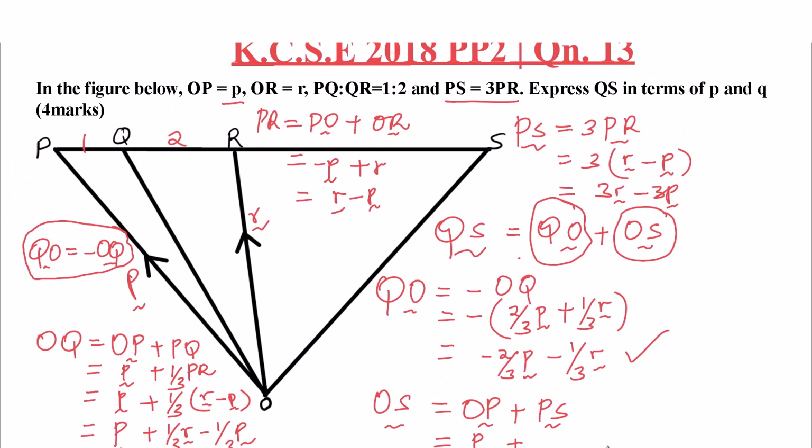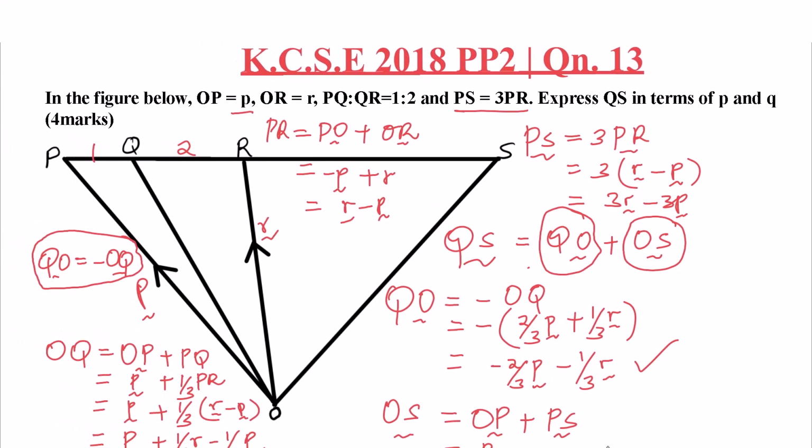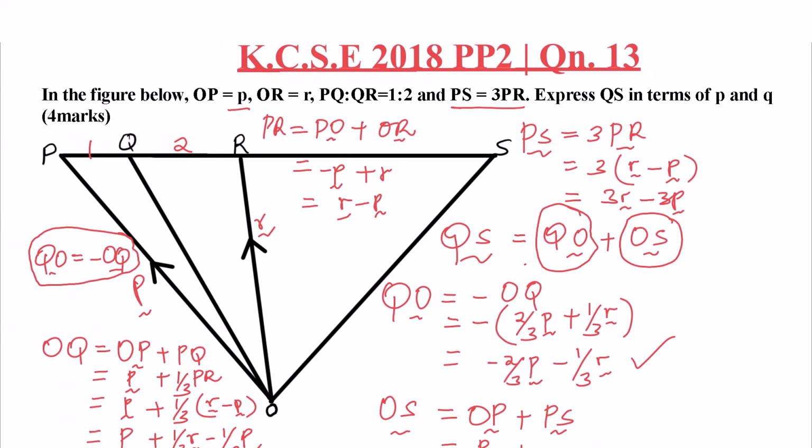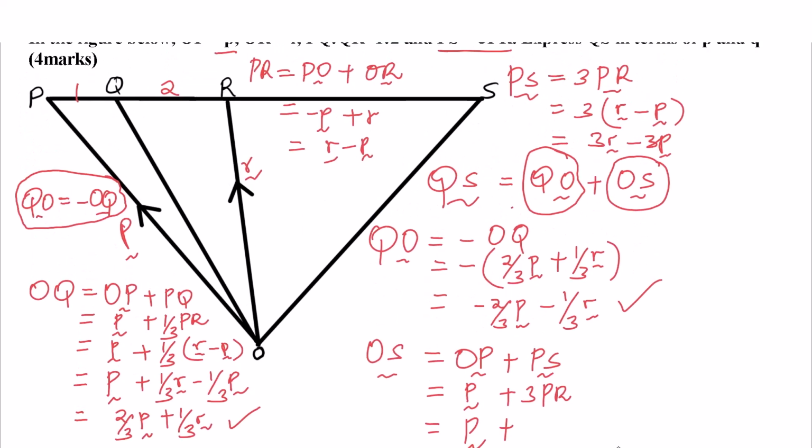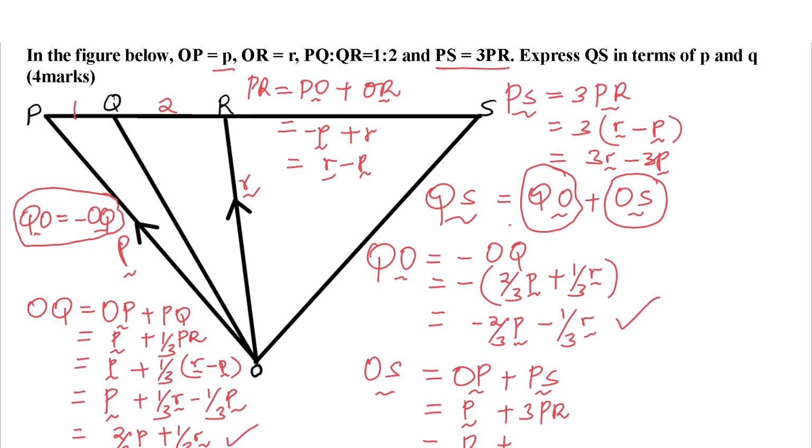PS is given as 3PR from the statement. So this one will be p plus 3PR. We got it, and that is why I was getting it. I actually calculated it there, PS.